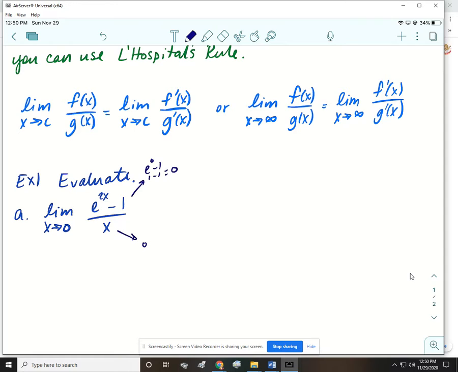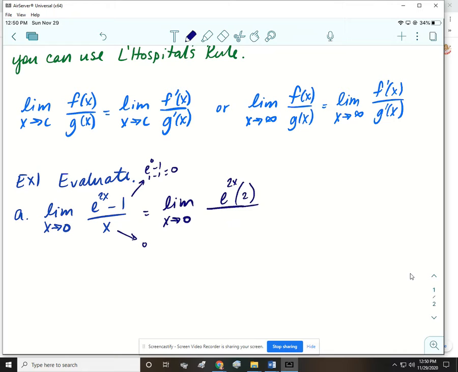So we can use L'Hôpital's Rule and now find the limit as x approaches 0 and then just find the derivative of the numerator and the derivative of the denominator. So the derivative of the numerator, if you guys remember, the derivative of e to something is going to still be that e to that something. But then we multiply by the derivative of that something, and the derivative of 2x is just 2.